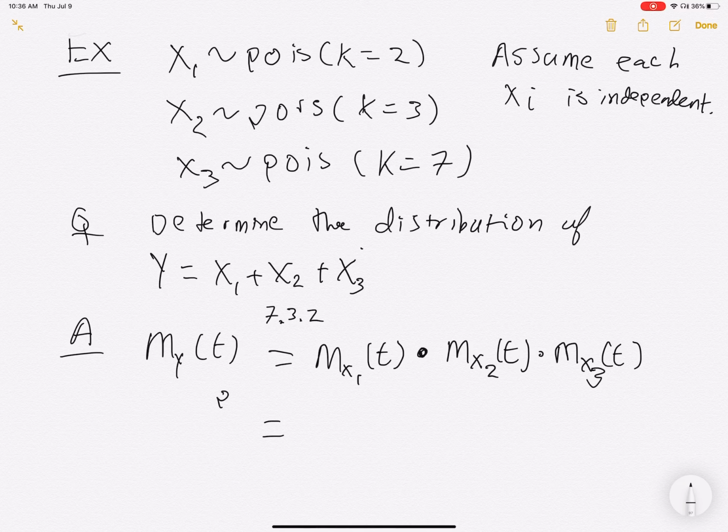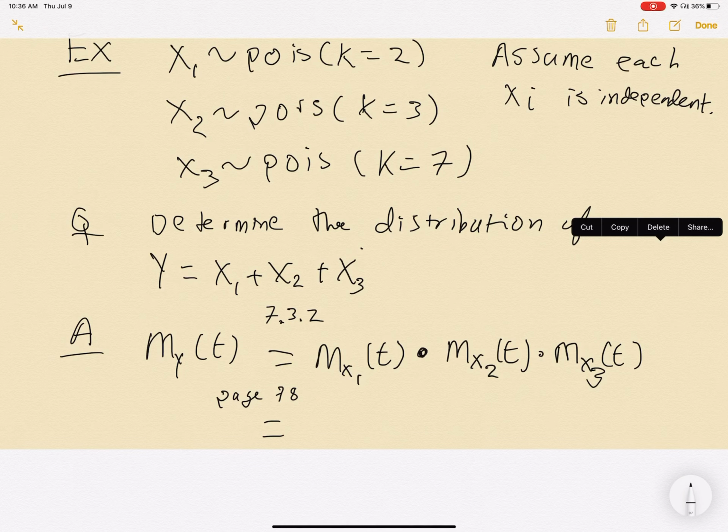And by page 78, we know each of these moment generating functions. So the Poisson distribution has a moment generating function given by e to the k times (e to the t minus 1). And I'll write that down.